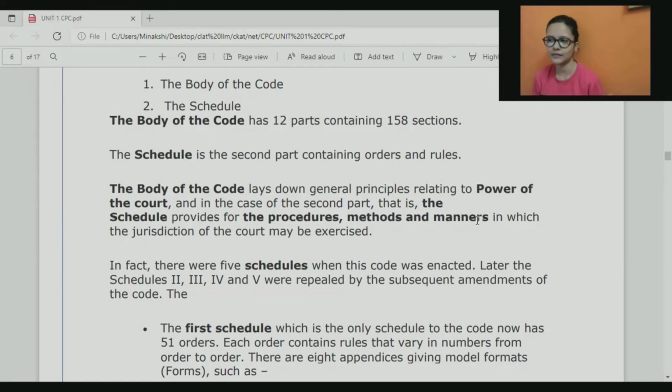Then you will be able to understand the difference in a better way, because at that time you will actually be reading the sections plus what is given in the schedule, like the different orders. But for now, it is all about what powers are there, a theoretical aspect. And when we talk about schedules, it is how courts are really going to use that power, or rather that jurisdiction.